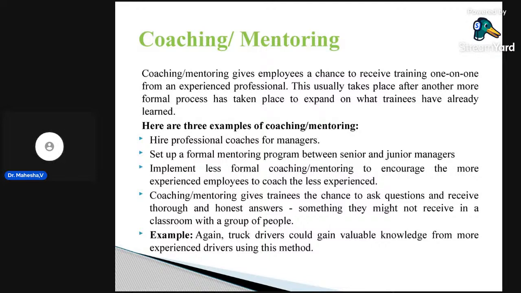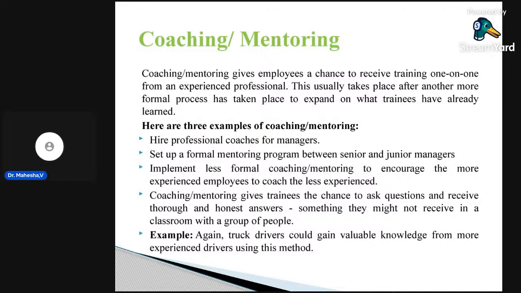This usually takes place after another more formal process has taken place, to expand on what trainees have already learned. Based on whatever the trainees have already learned, an expert's coaching or mentoring will be given one on one, with complete focus given to the individual.